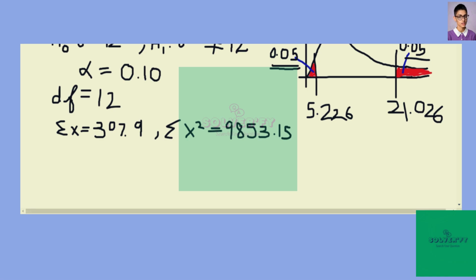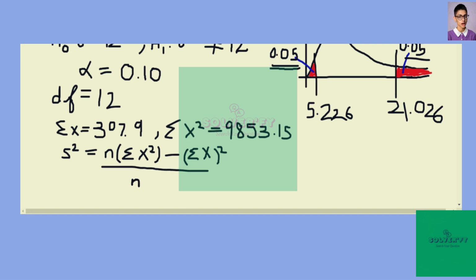Now we will calculate the sample variance, that is S square. S square equal to n multiplied by summation x square minus summation x, whole square, divided by n multiplied by n minus 1.